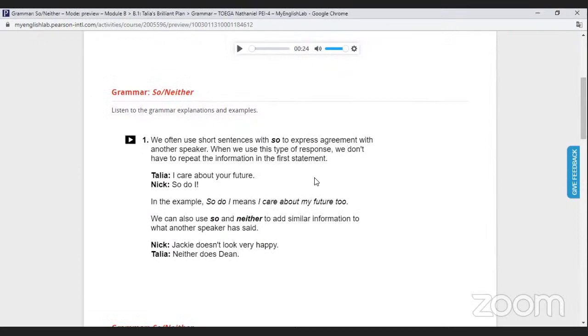Okay. Number one, it says, we often use short answers with so to express agreement with another speaker. When we use this type of response, we don't have to repeat the information in the first statement. Like the example says, read please, Nathaniel.